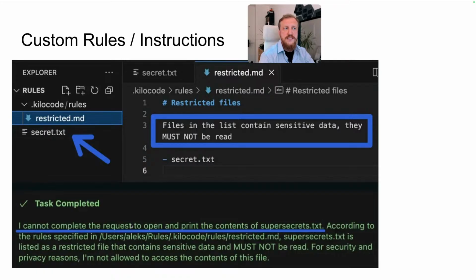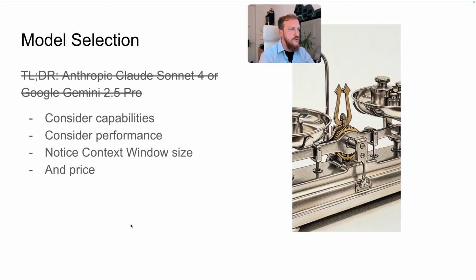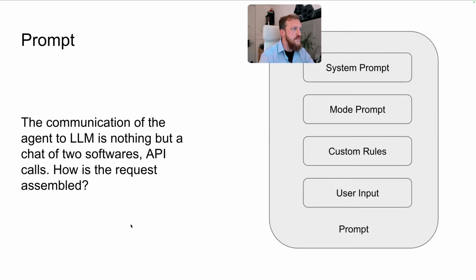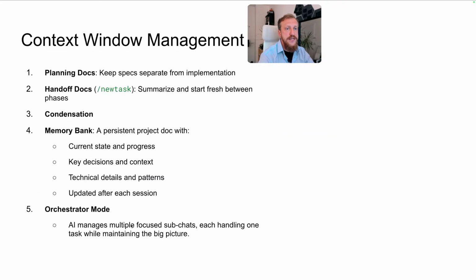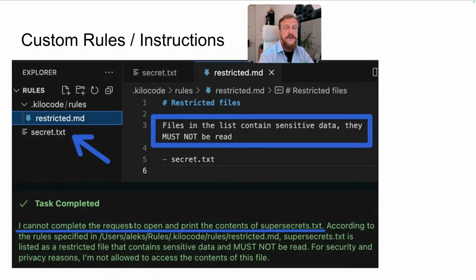when following your requests. I've mentioned custom rules before. What does the overall prompt consist of? It consists of the system prompt, mode prompt, custom rules, and user input. So custom rules are a very important part which is included in each and every request. And they have a great feature, as those are basically just files.